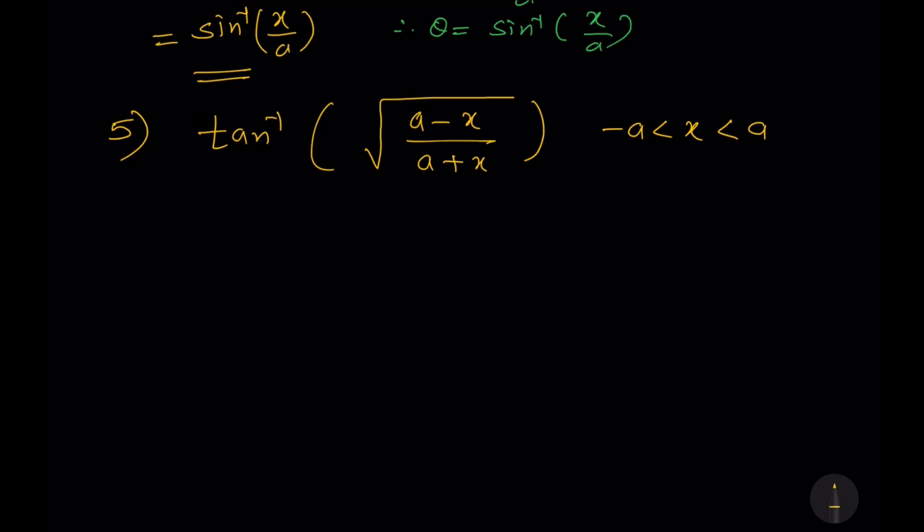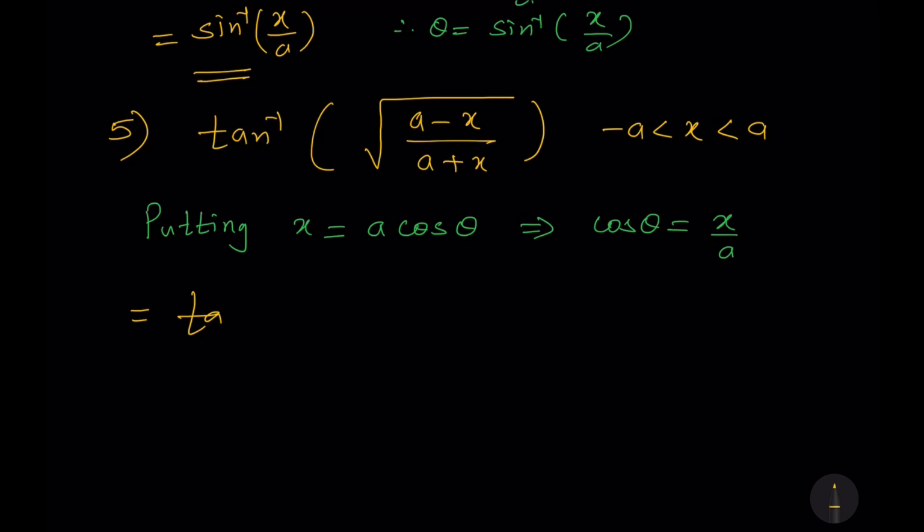What type of expression do we have? We have root of a minus x upon a plus x. So, putting x is equal to a cos theta, that means cos theta in this case is x upon a. That means our cos theta lies between, when you consider x upon a, minus 1 to plus 1.